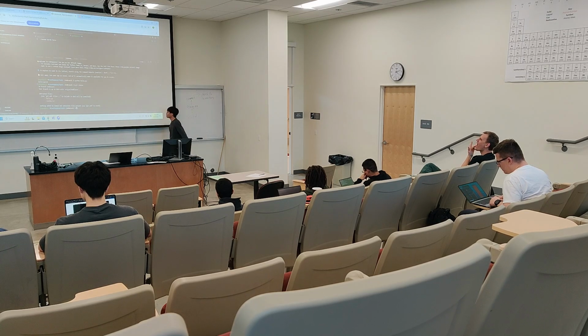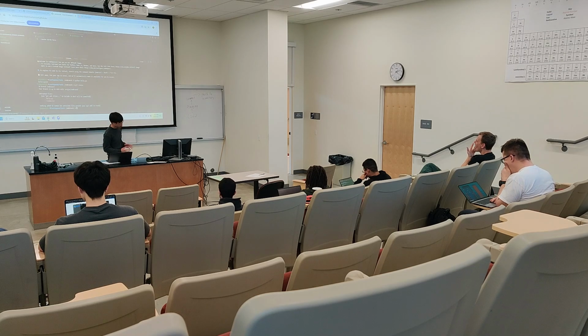In order to get the files that we just added into the repository, we have to go through this process. We want to add the code to the staging, and then commit that. And after we commit it, then we can push it to the repository.